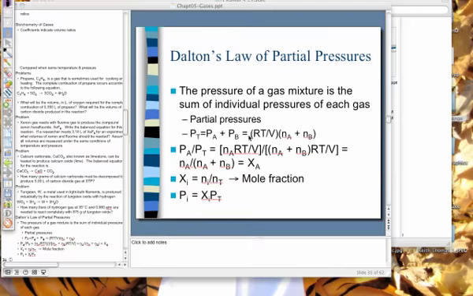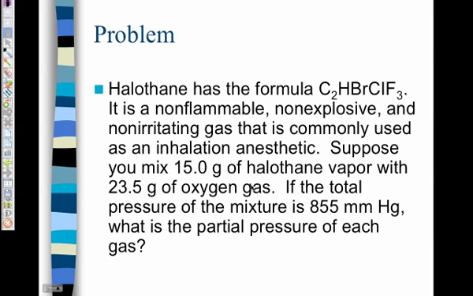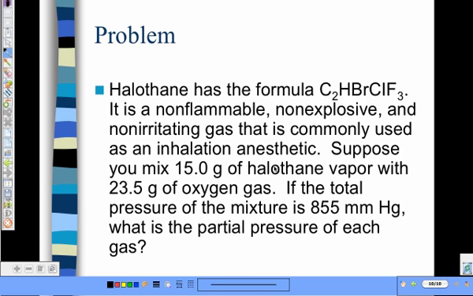Okay, what's the next one look like? Do we have another one? Yes. If we have halothane, a non-flammable, non-explosive, and non-irritating gas that's commonly used as an inhalation anesthetic, and we mix 15 grams of halothane vapor with 23.5 grams of oxygen gas, and the total pressure is 855 millimeters of mercury, what's the partial pressure of each?